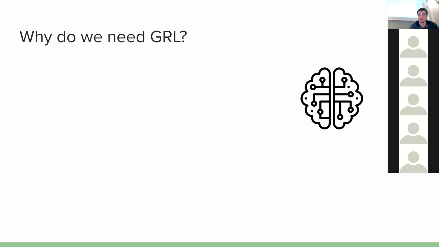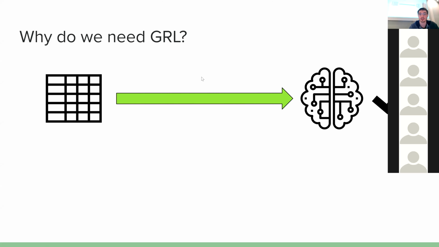And how do we typically do machine learning? Well, we have some kind of model that is represented here as this kind of brain, and we feed some data into it in order to obtain some prediction, some result.